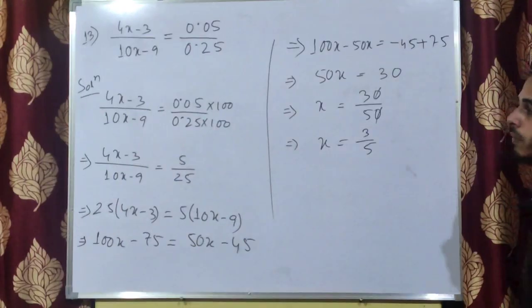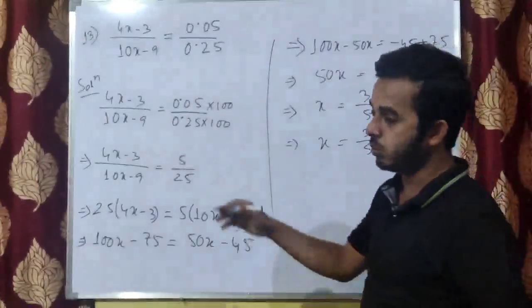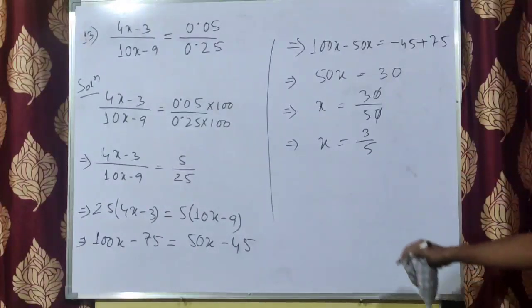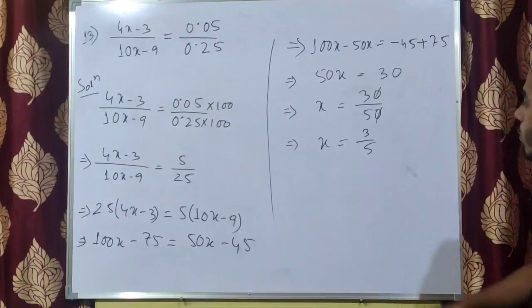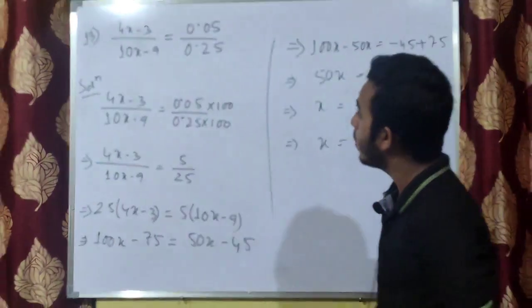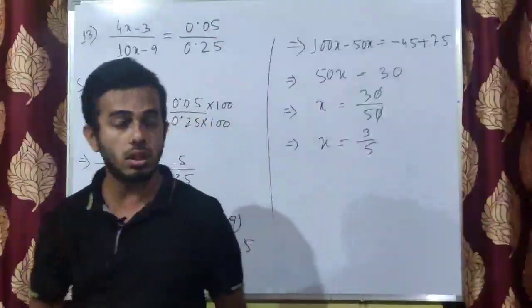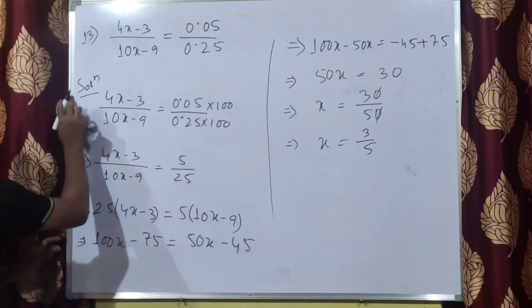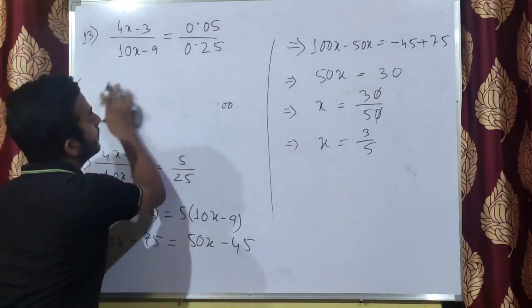Now we will verify. We have to solve the LHS also. We'll put the value of x as 3 by 5 and check whether LHS equals RHS. So let us start our verification.